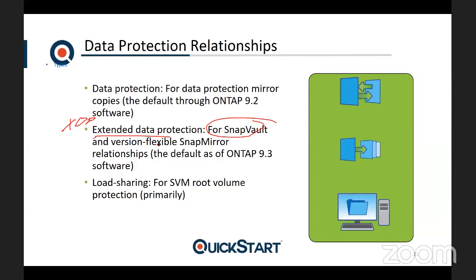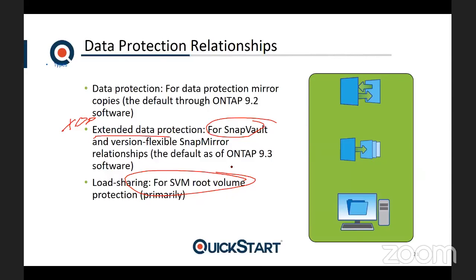So they're used primarily for the root volume of the SVM, because it's not meant to contain any files. It's only 20 meg in size. In fact, I had a student earlier this week who put some files into it by mistake, and that messed up their ability to mount volumes to it because they filled up that root volume. So that root volume is really not intended to contain any files that my users might use. It's just a starting point for the namespace.